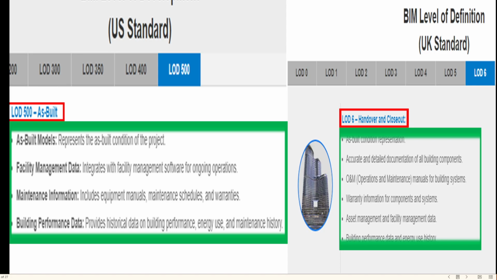While as-built LOD 500 is seen in the US standard, LOD 6 called handover and closeout is seen in the UK standard.